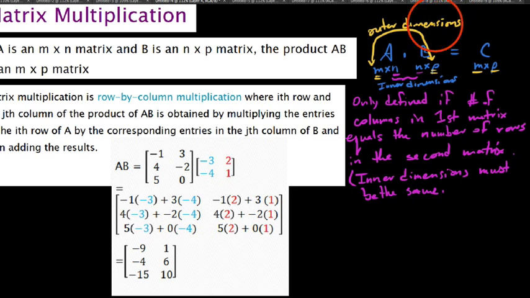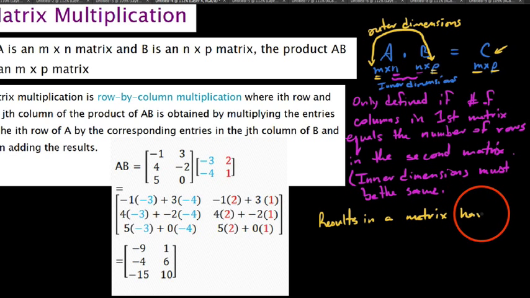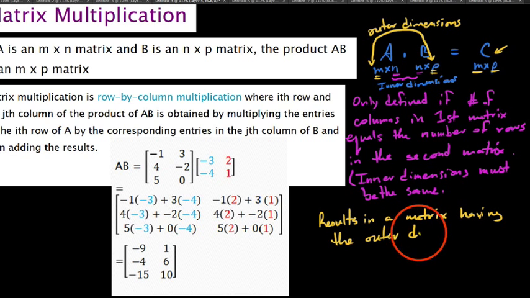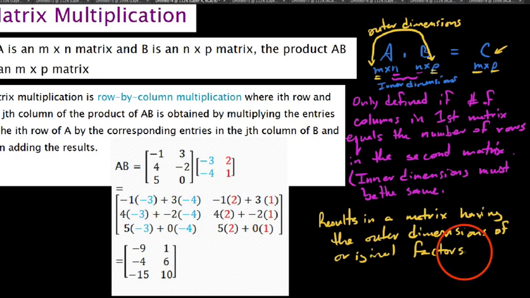The resulting matrix will have the outer dimensions of the original matrix factors that we multiplied together. So we just need to know that it's only defined if the inner dimensions match, and we get a product having the outer dimensions of the original two.